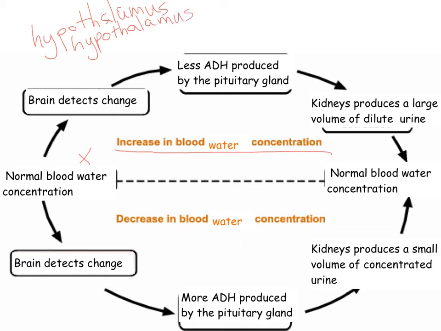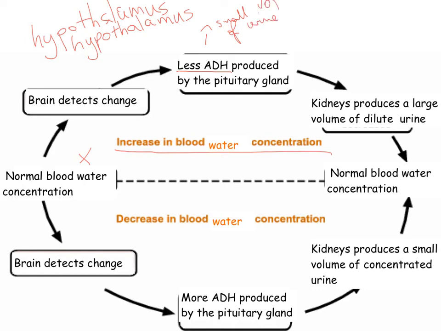Now we talked about this, or you had that labelled when you looked at the brain. So this area called the hypothalamus detects that change in the water concentration, and it communicates with the pituitary gland. And what happens is the pituitary gland will produce less ADH. Remember, ADH makes you produce small volumes of urine.